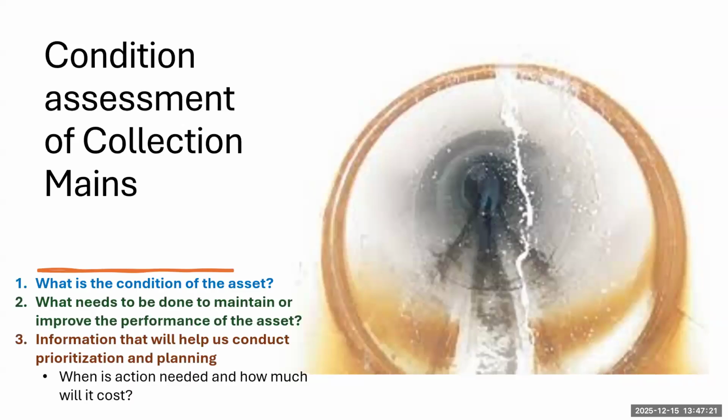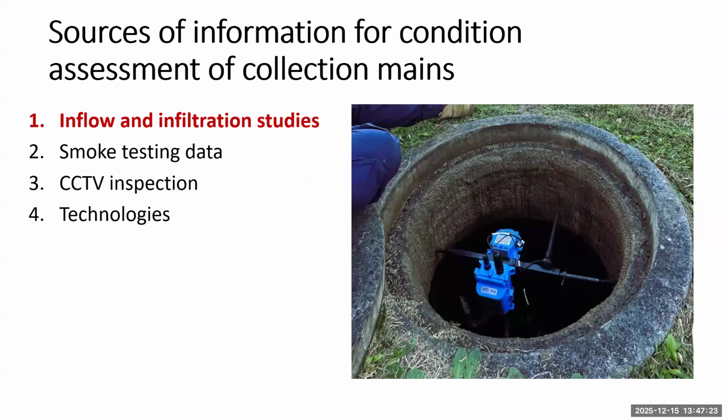We're going to look at four general ways to assess the condition of the collection system. We're going to spend a little bit of extra time on inflow and infiltration. Then we'll look at smoke testing, CCTV, and a couple other technologies.